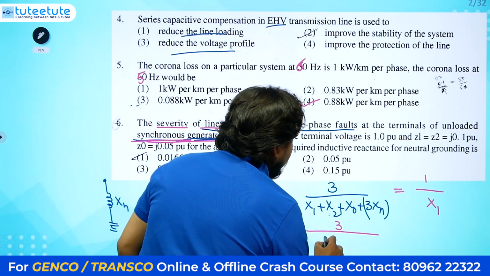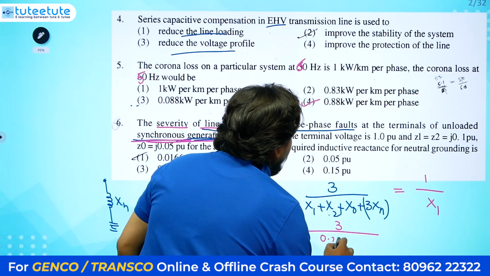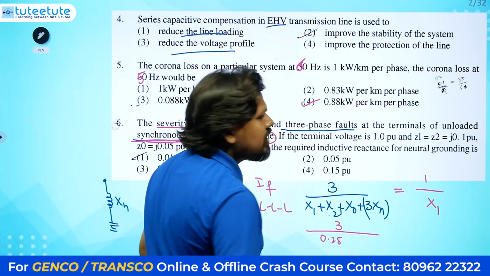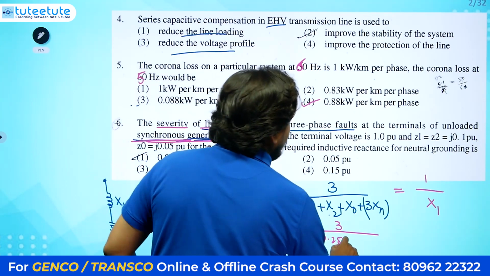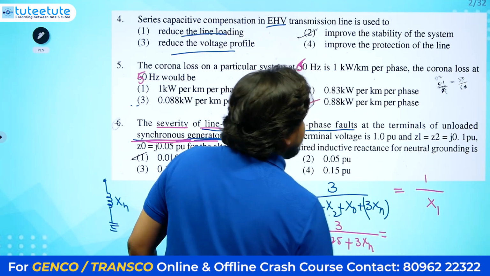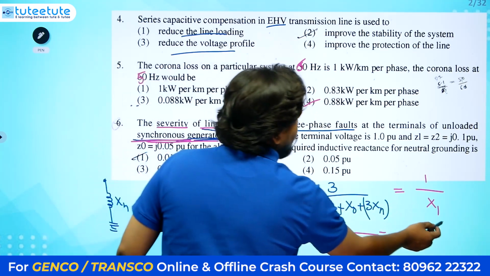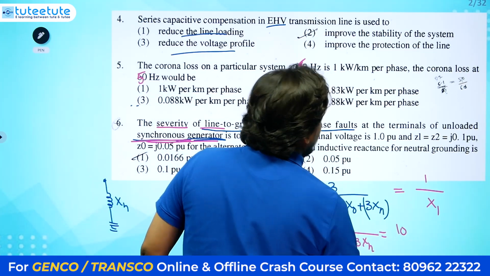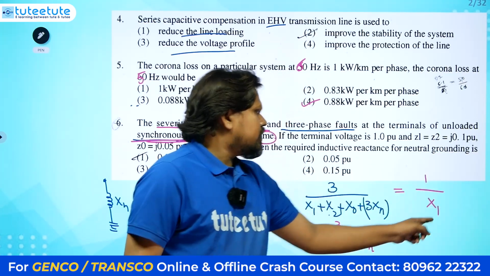So totally we will be getting 0.25. I'm not giving it as j, no need of that now, later we can give. Plus 3xn is equal to 1 divided by 0.1, which is 10.